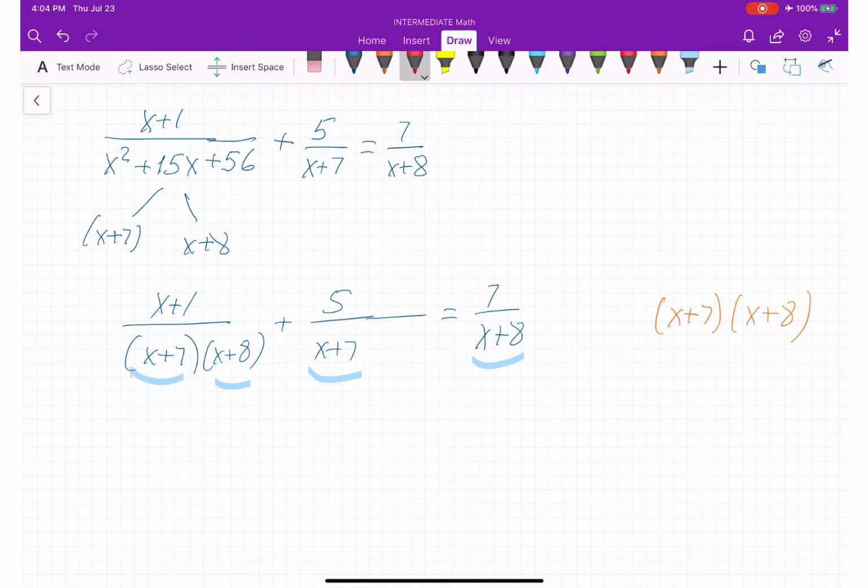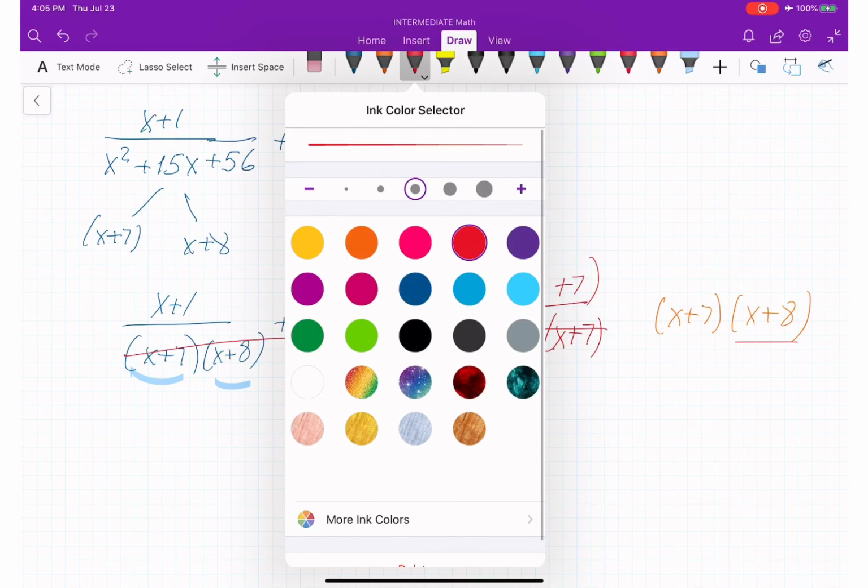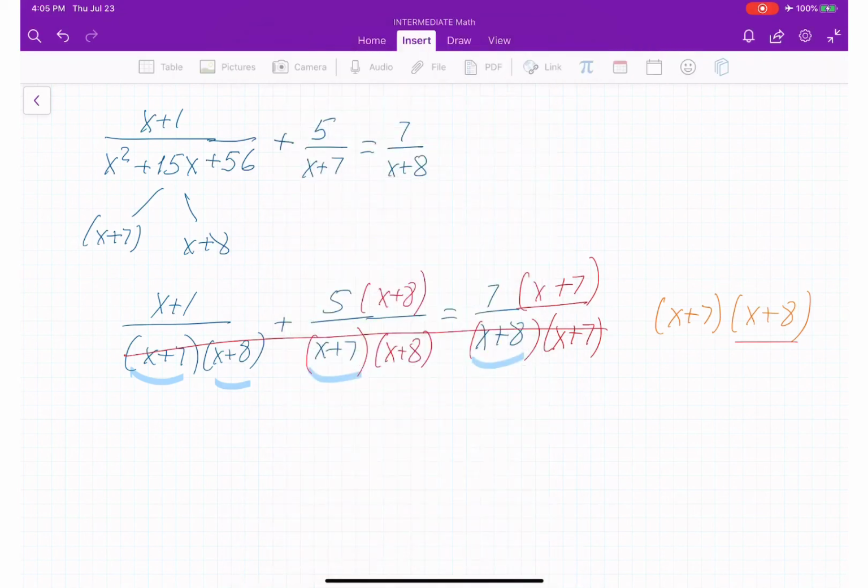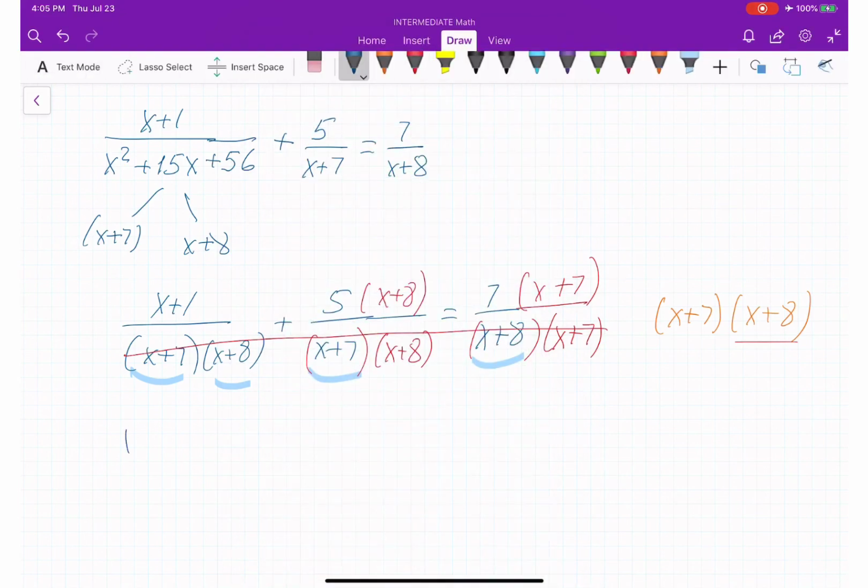All right, let's multiply x plus 7. We are missing x plus 8. Here also x plus 8. In this fraction, we are missing x plus 7. X plus 7. So we can drop the denominator, and the result is going to be x plus 1 plus 5 times x plus 8 is equal to 7 times x plus 7.